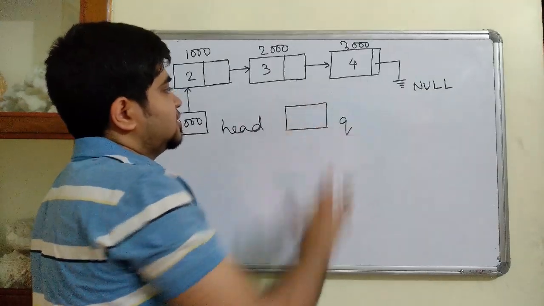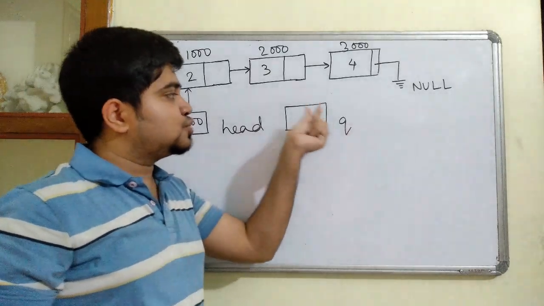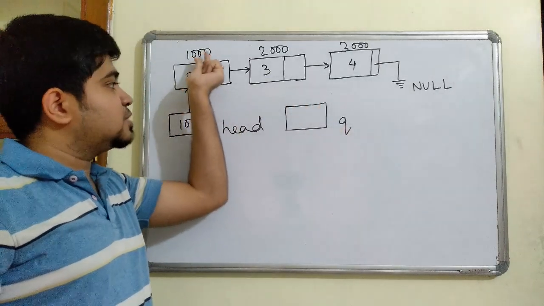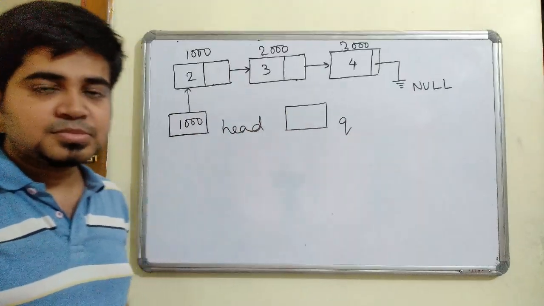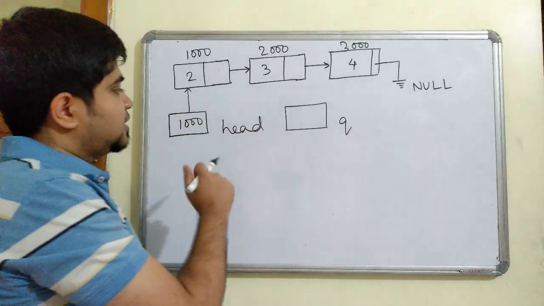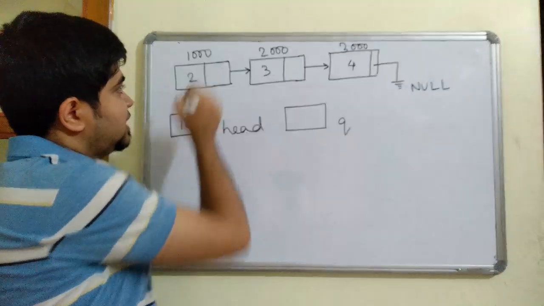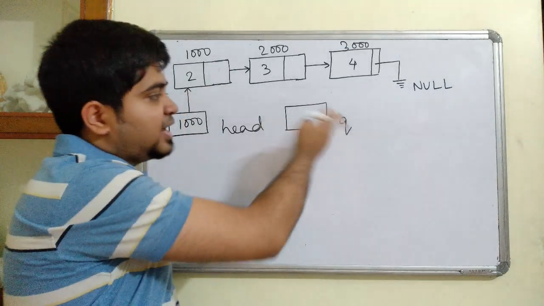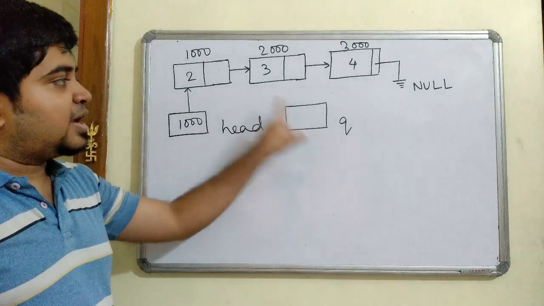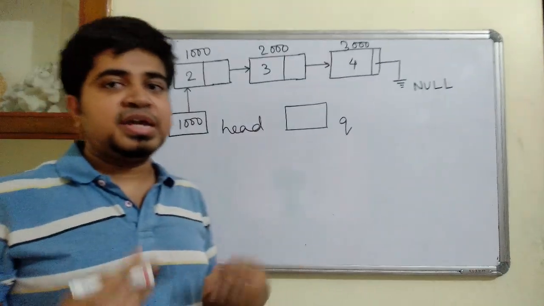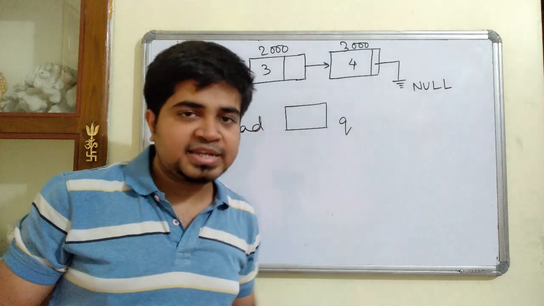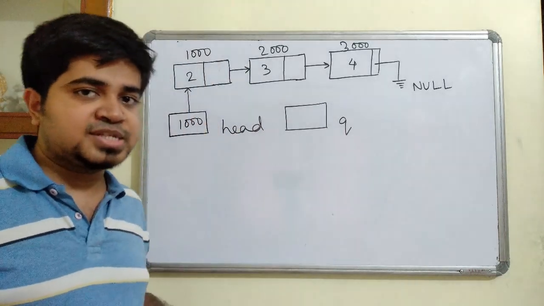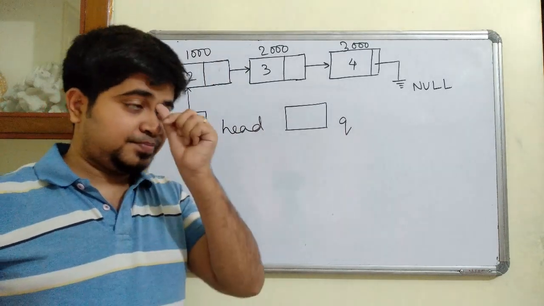Now how do we store the address 1000 over here, right? Over here what we can see is head is holding this 1000. First of all, how do we define this anyway? What type of address does it hold? Does it hold an integer address? Does it hold a character address? Does it hold a float address? What type of address is it holding?